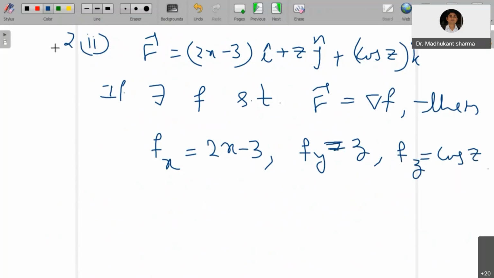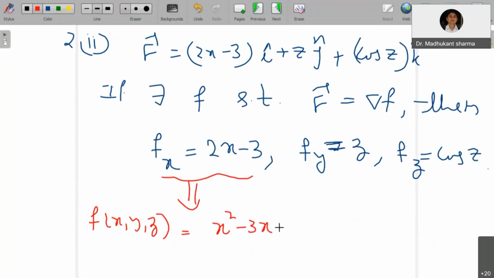Now this equation implies f of x comma y comma z is equal to x square minus 3x plus h of y comma z.